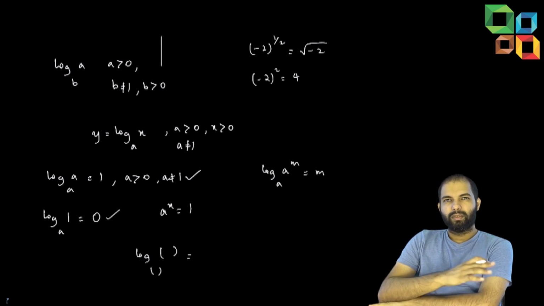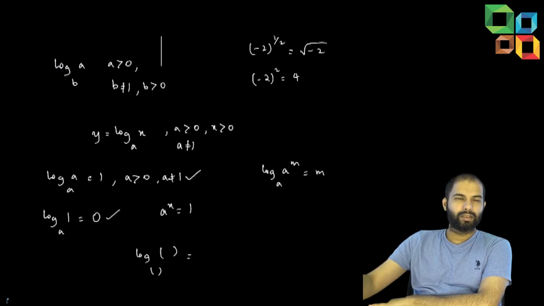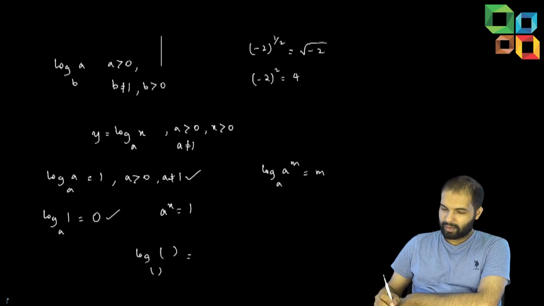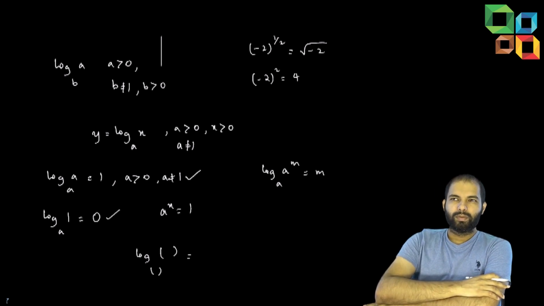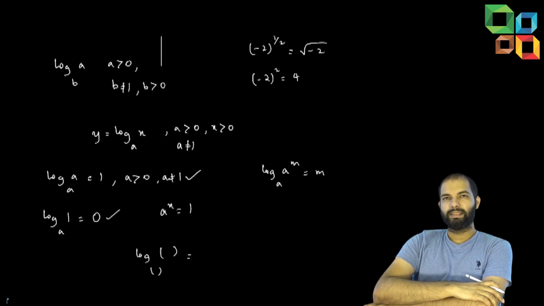Now, can we be more specific? What kind of fraction? Any fraction will do. Less than 1. Is that true? Always. If it's less than 1, that's a root, right? Sorry.